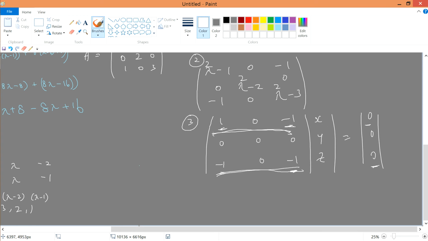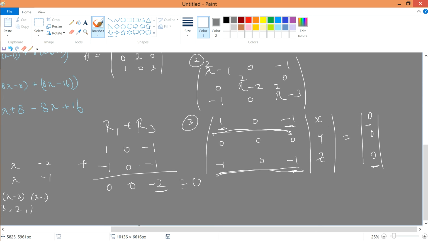If you do that, row 1 plus row 3, I have 1 0 minus 1, and I have 0 0 and minus 2 equals to 0.